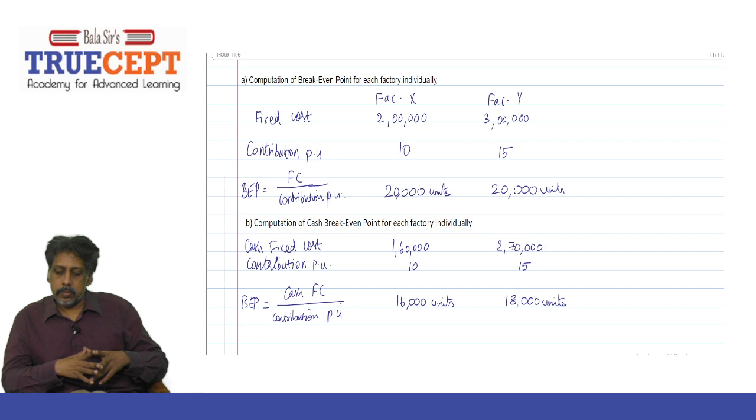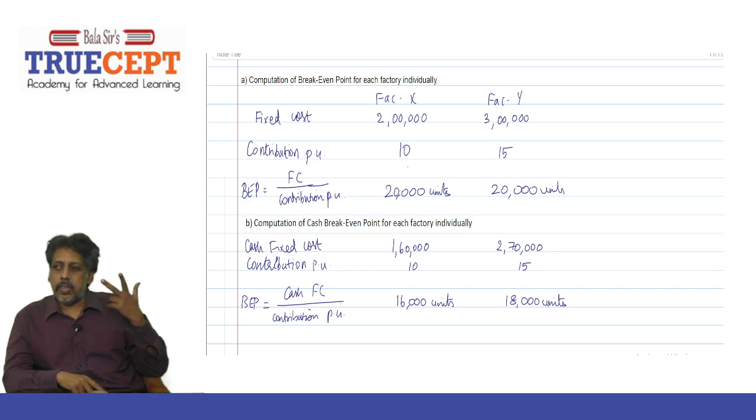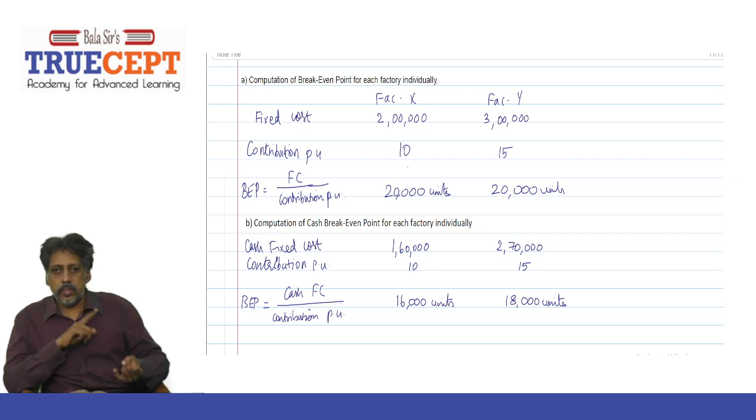Next. So the BEP is fixed cost by contribution per unit. Therefore, 20,000 units for factory X and 20,000 units for factory Y. Basically 20,000 units is the break-even point for both the factories. That is dividing 2 lakh by rupees 10 and dividing rupees 3 lakh by 15. You get 20,000 units each. That is the break-even point.